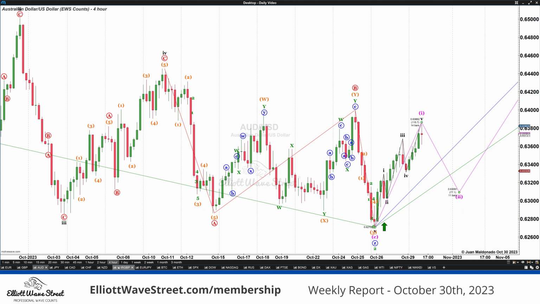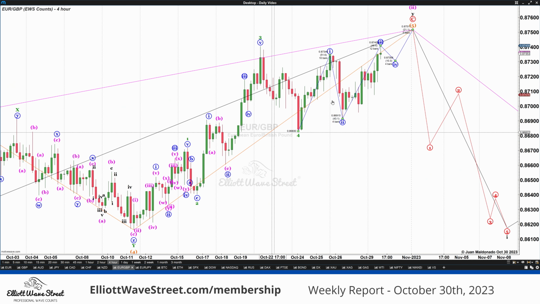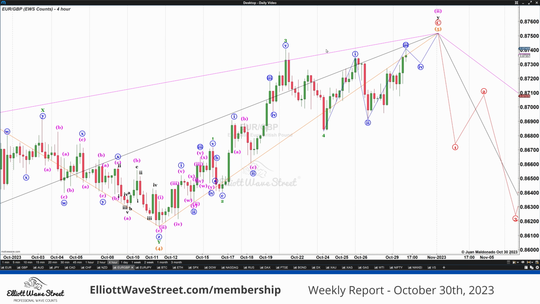Another interesting setup for this week is the euro-pound. The euro-pound has been moving higher, and we have this price as a reference area. Of course, everything above this area is going to be extremely interesting. So I'm looking for a wave 4, a wave 5, and then I want to sell it.